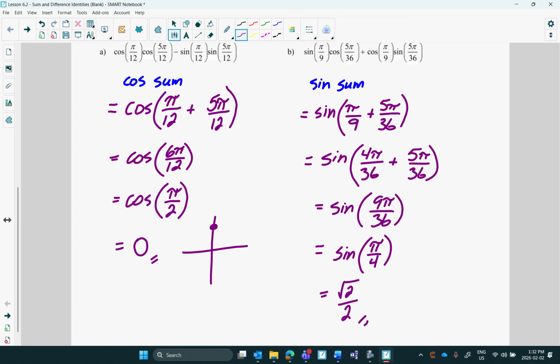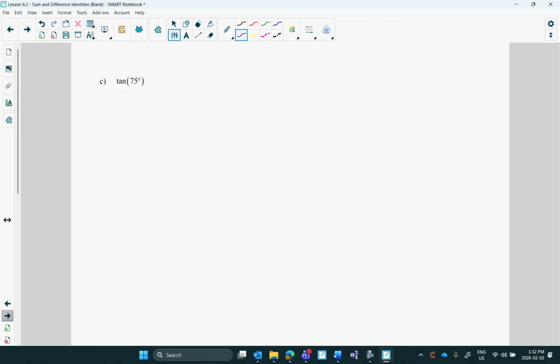The second type, you're given the compressed value and you have to expand it. Right now, we don't know how to do these ones. These are not on the unit circle. But we can actually do them using the sine, cos, and tan identities.